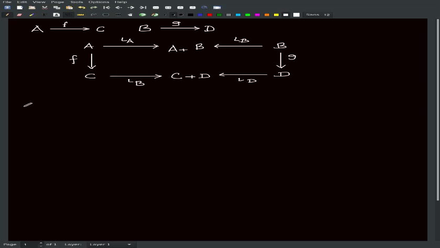So recall, in fact this is a characteristic property.